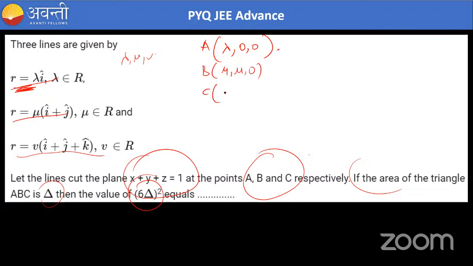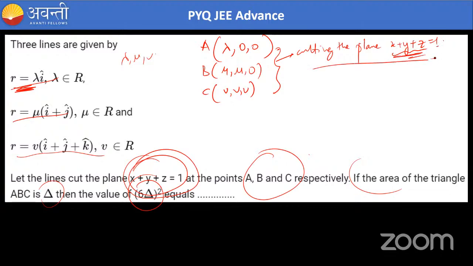C can be the point (v, v, v). These three points are cutting the plane x + y + z = 1.